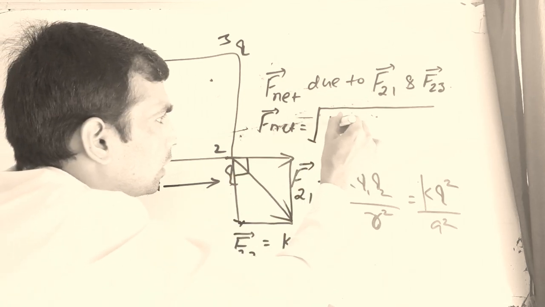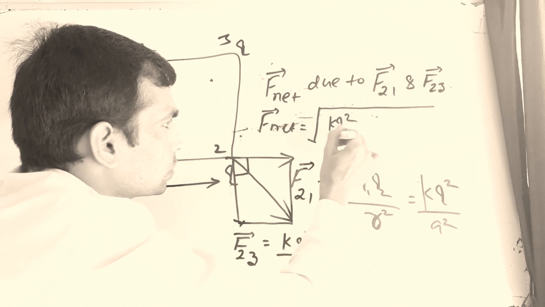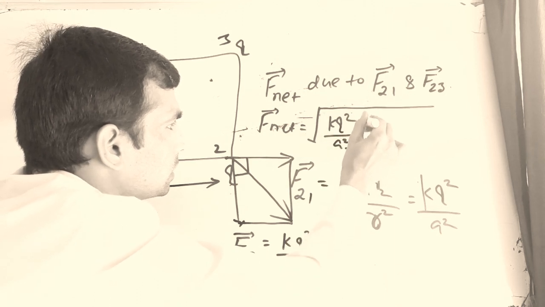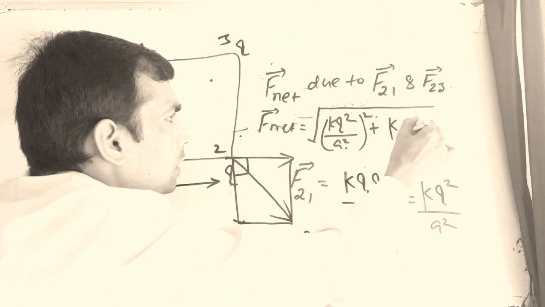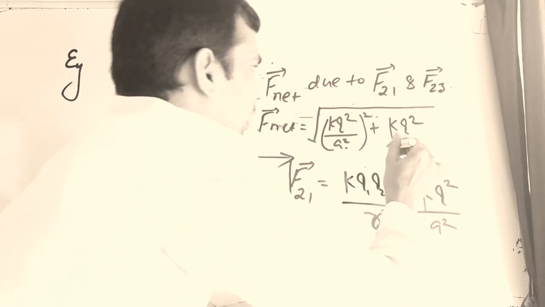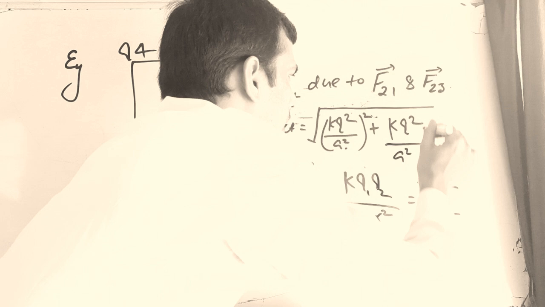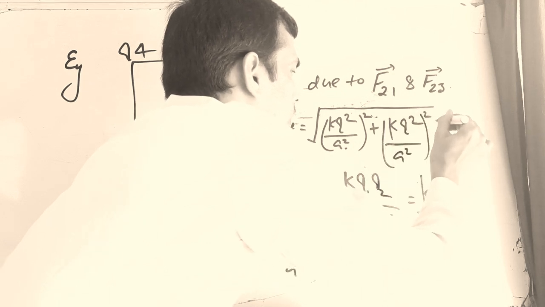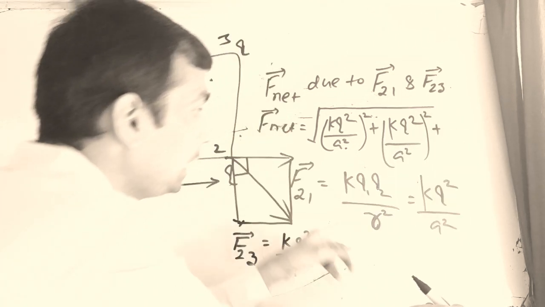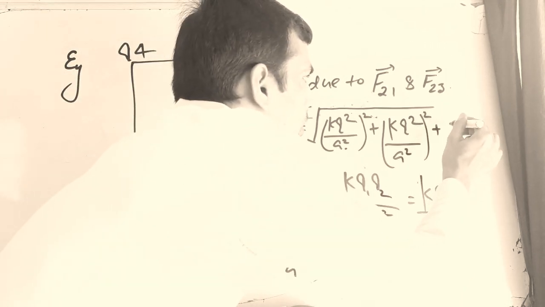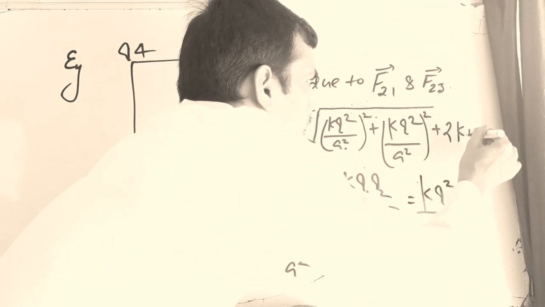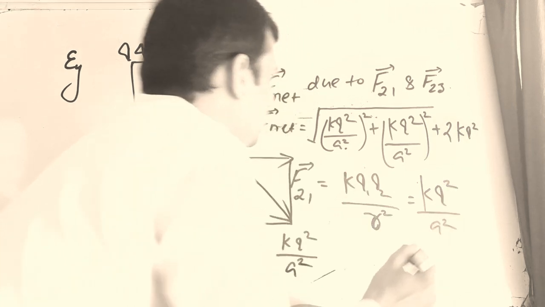So this is kq² upon a² the whole square, plus kq² upon a² the whole square, plus again 2kq² upon a², right? 2kq².